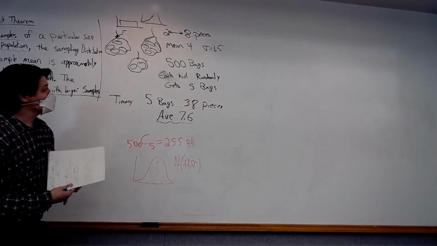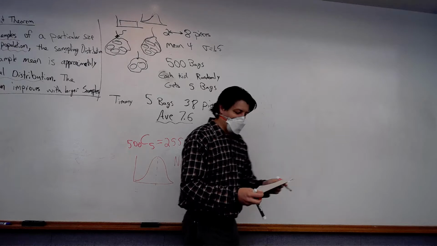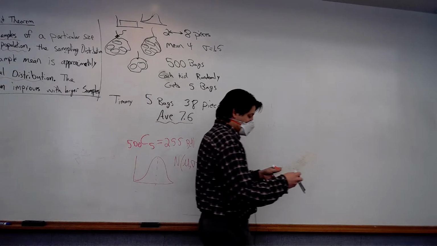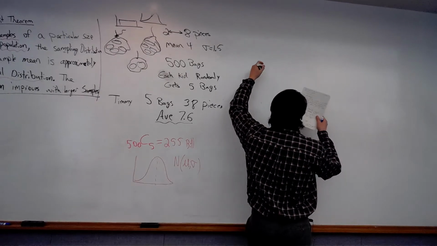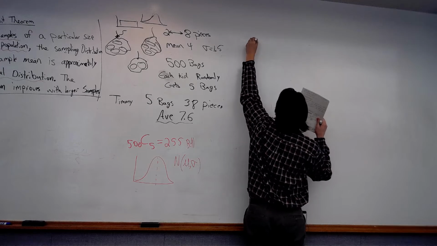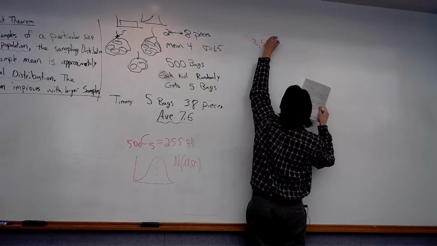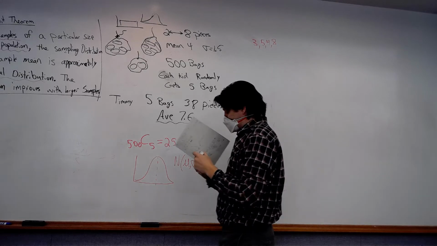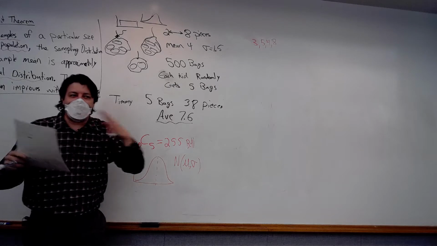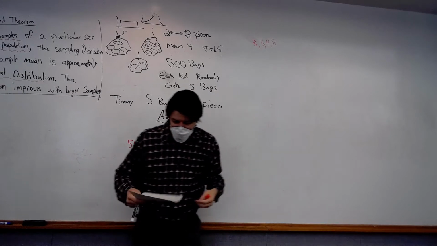And so we're going to do a different example, and because we don't want to write down all 255 billion different samples, we're going to work with a different set. So let's say our population has values 3, 5, 4, and 8. And that's it. We just have 4 observations in our population.